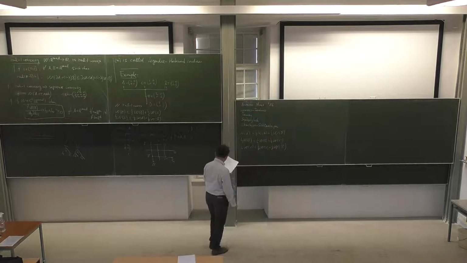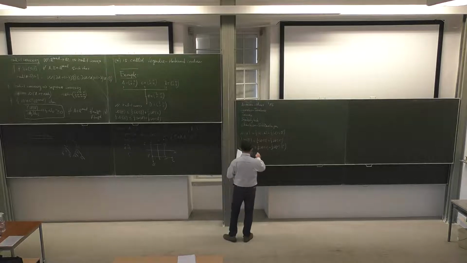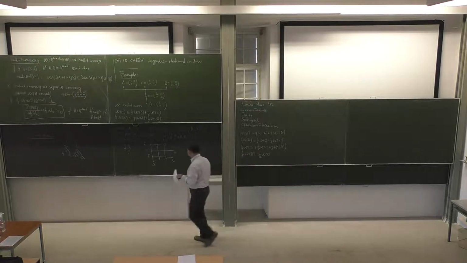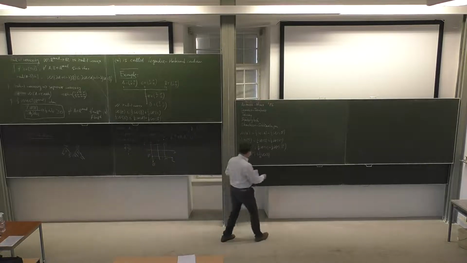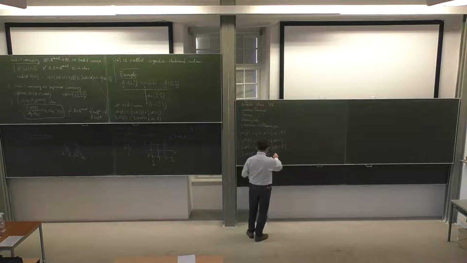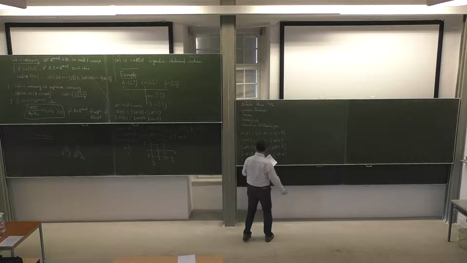And finally, I get that 1/8 of W at B prime is smaller or equal than 1/16 W of B, because B prime is again here, plus 1/16 W of A prime.